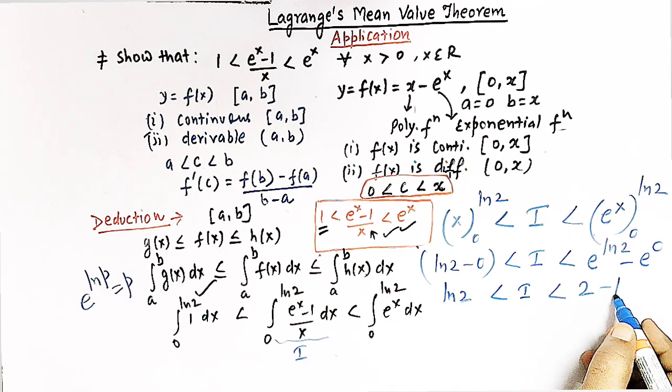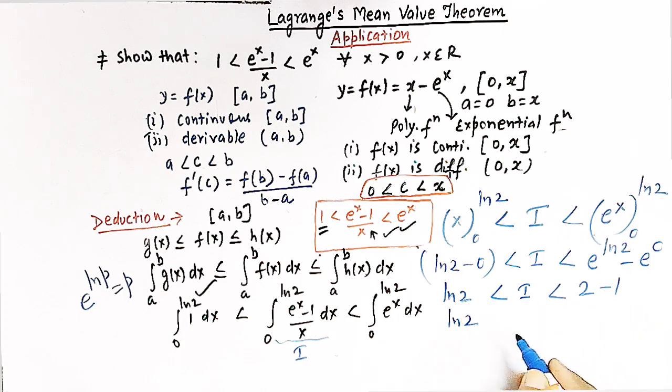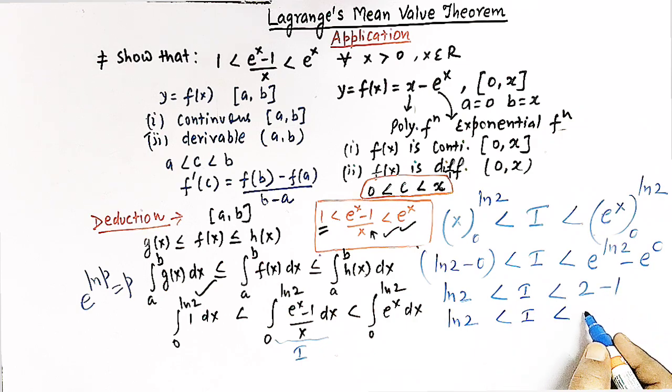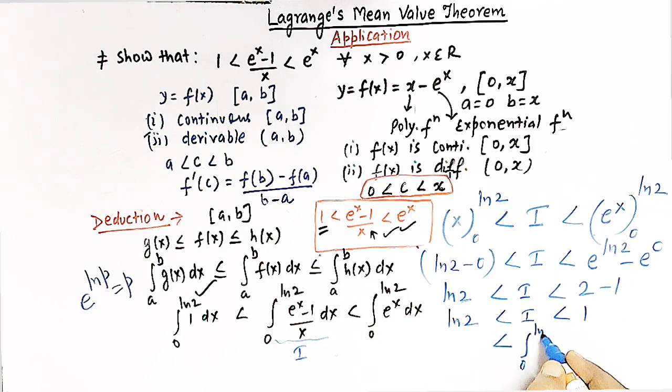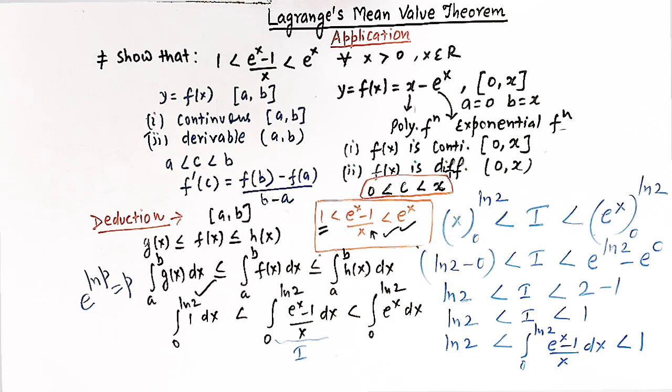So now we have 2 minus 1, 1, so we have log of 2, I, and here we have 2 minus 1, 1, right? So the value of this integral, that is 0 to natural log of 2 e raised to x minus 1 over x dx, it lies between natural log of 2 and 1.